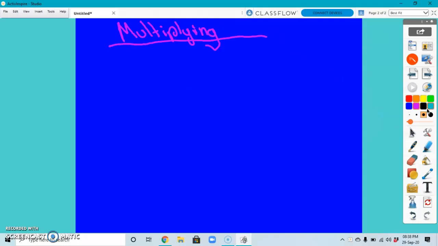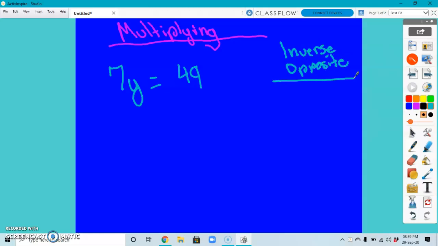Okay, so here, for multiplying, you have an example, which is, let's do a smaller number than a big number: 7y equals 49. Here, you're going to do the inverse or opposite, which is going from multiplying to dividing.